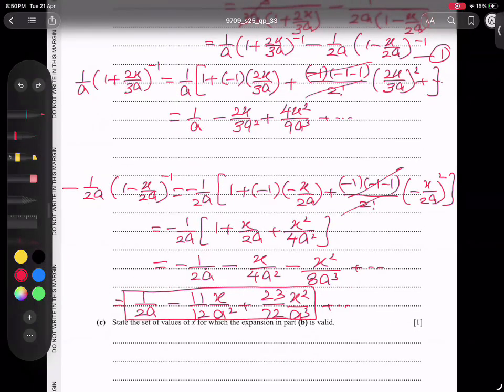Number one is inside here and here. So 2x over 3a modulus, this must be less than 0.